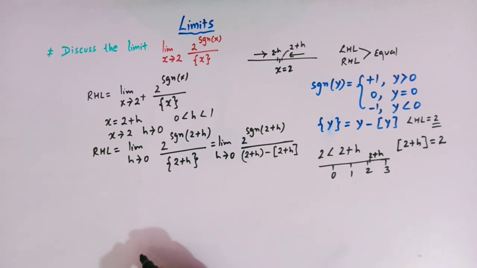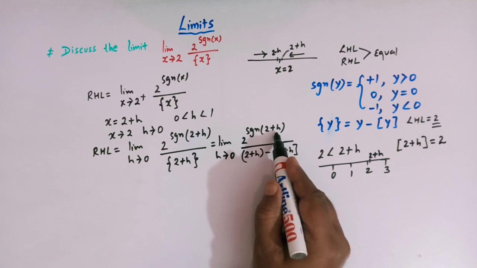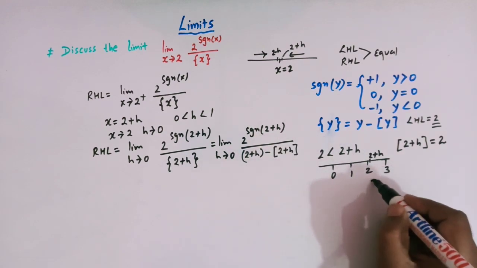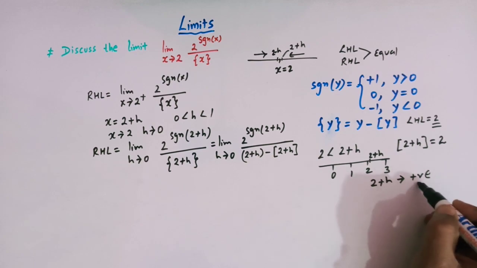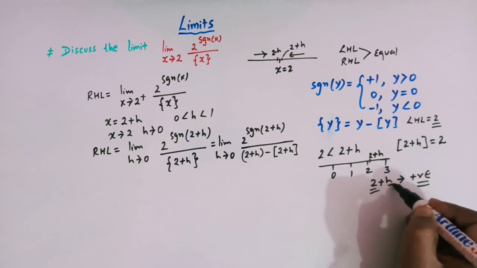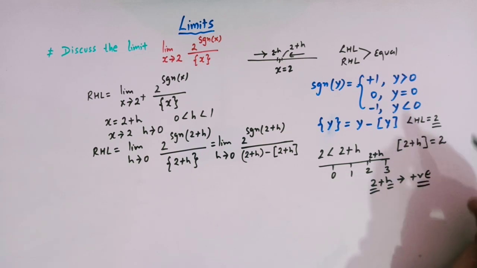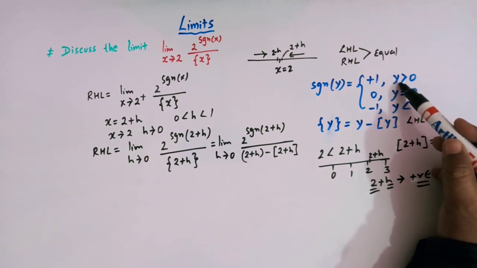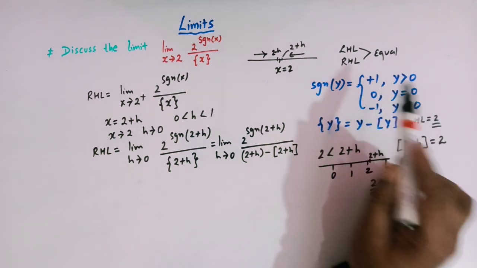Now here we have signum of 2 plus h. See, 2 plus h is always a positive quantity, right? Because 2 is positive, h is positive, and the sum 2 plus h is positive. And for positive values, the signum function is equal to positive 1.